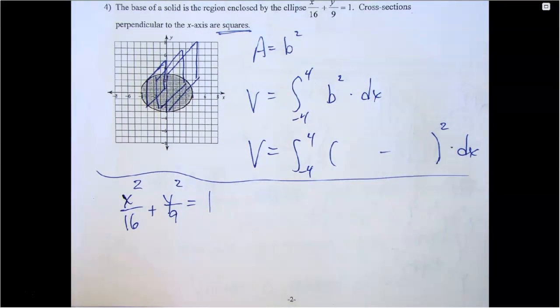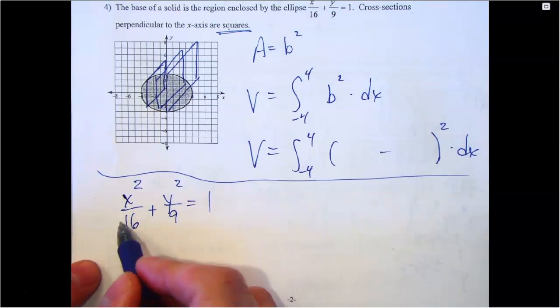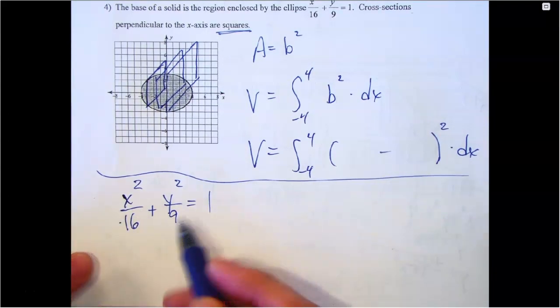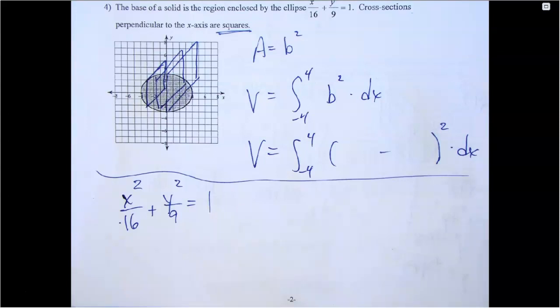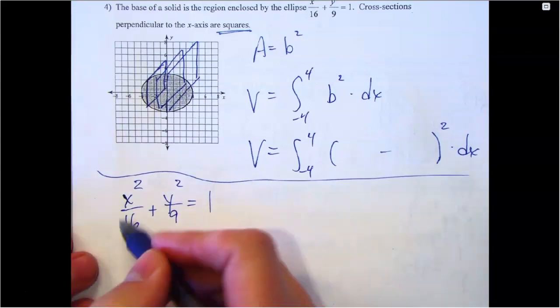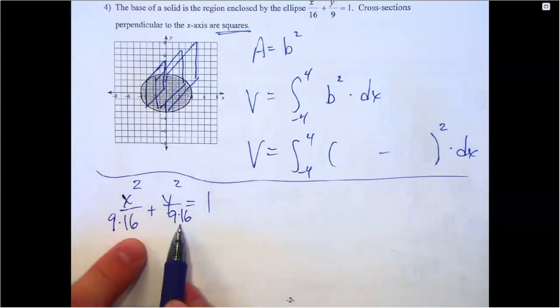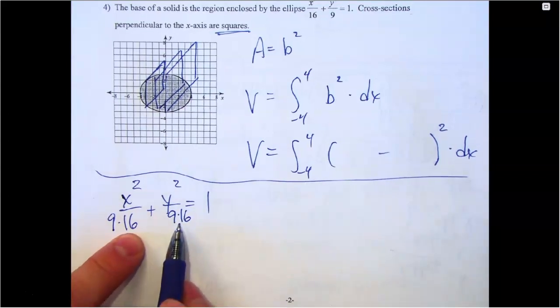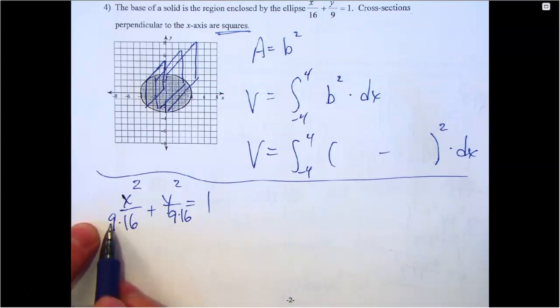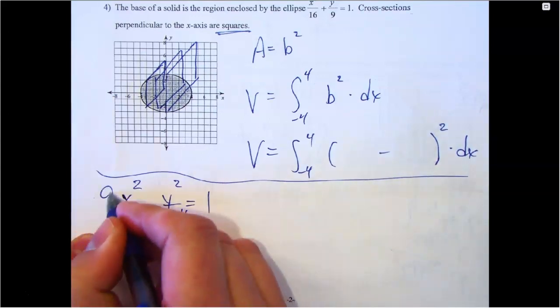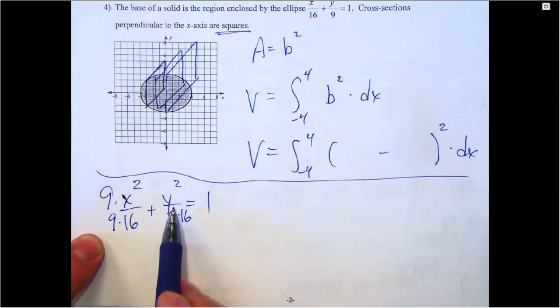What are we trying to solve for? Trying to solve for y. I don't want those fractions there, so I'm going to multiply to get rid of them. My common denominator is going to be 16 times 9. So I'm going to multiply this by 9 and this by 16, because then those bottoms will be the same. And if I multiply this bottom by 9, don't I have to do the top also?